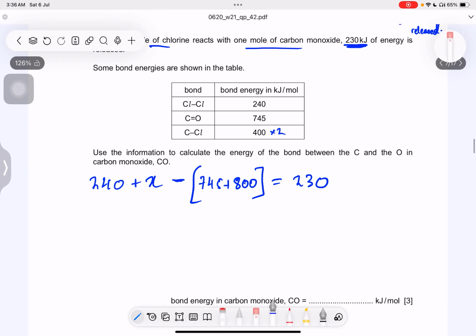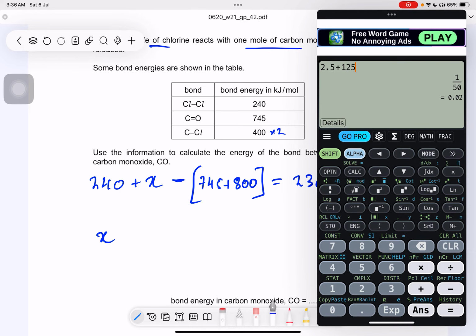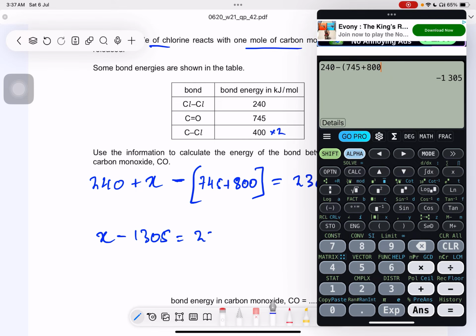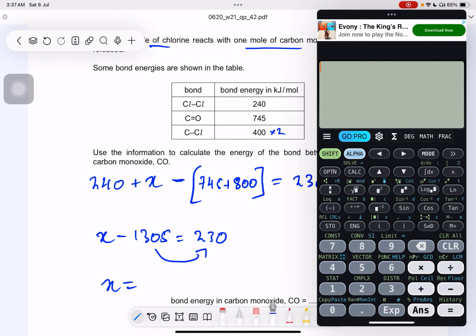Now, if we do the calculation, x plus 240 minus 745 plus 800, minus 1305. So x minus 1305 equals 230. Shift to the right side, x equals 230 plus 1305.